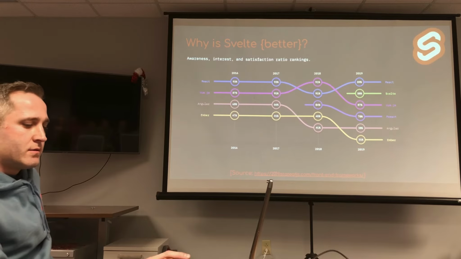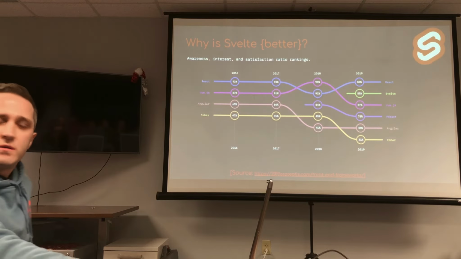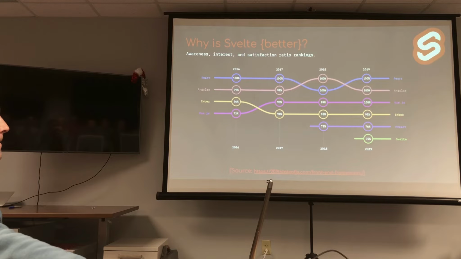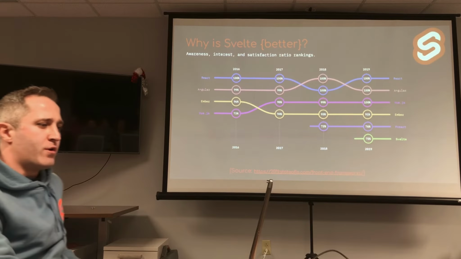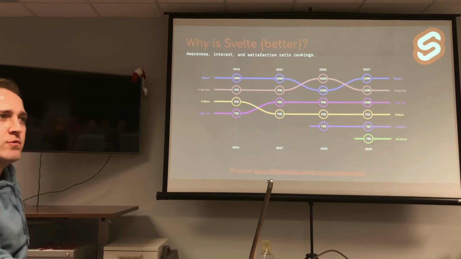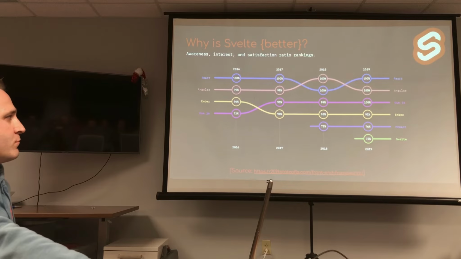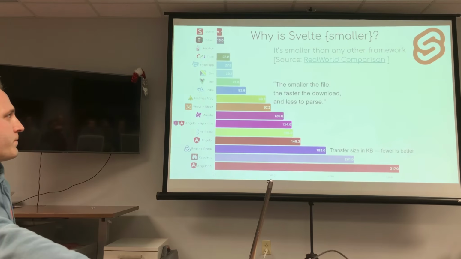And it hasn't been around as long as React. It was also voted the most interesting framework in 2019 as well. And the least amount of awareness around it. So people are more aware of React and Vue more so than Svelte.